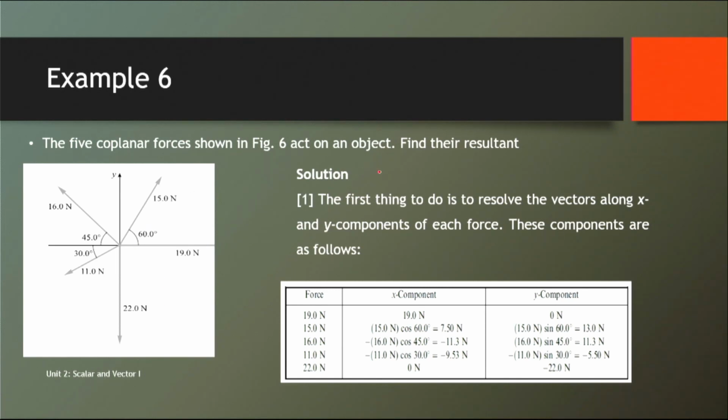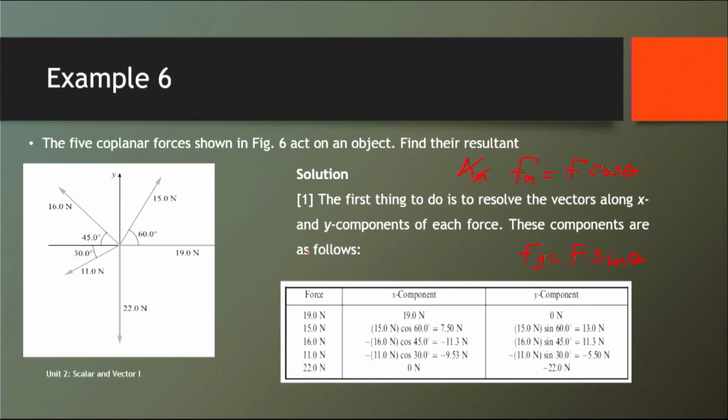We already learned in our previous section that Fx, the force along the x-axis, is F cos theta, and Fy, the force along the vertical component, is F sin theta.